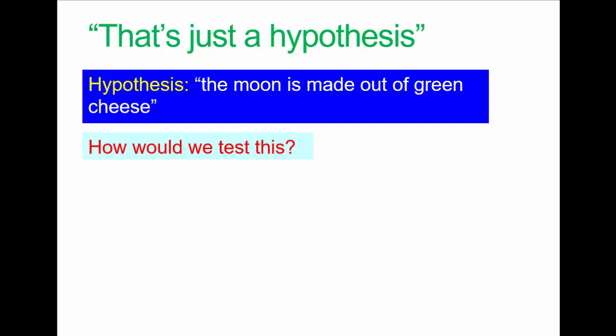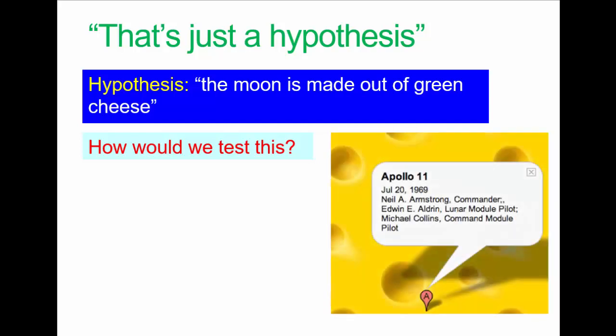It's important to notice that both theories and hypotheses can be supported or refuted by evidence. Now, we know from studies of orbital mechanics that the moon is not made out of cheese, and this was confirmed when Armstrong and Aldrin landed at Tranquility Base.